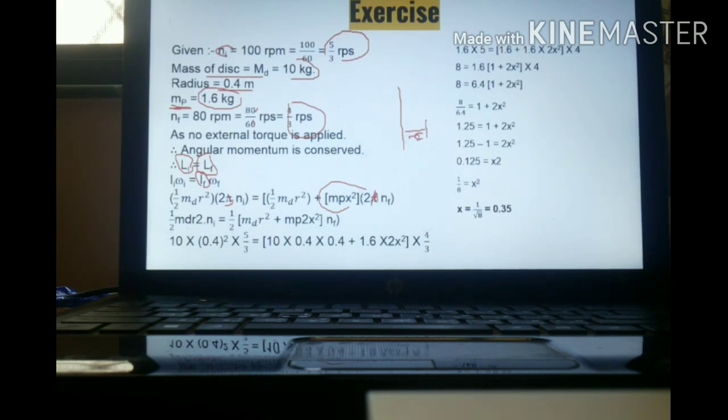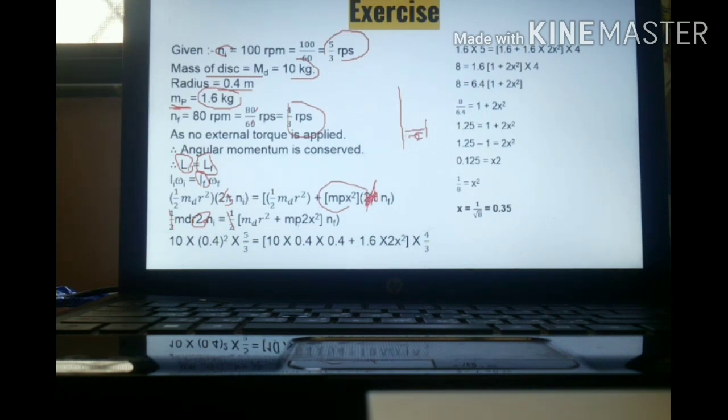This is r square, sorry, it was misprinted, it should be square. Ultimately this half and this half get cancelled, and this 2 and this 2 are also getting cancelled.